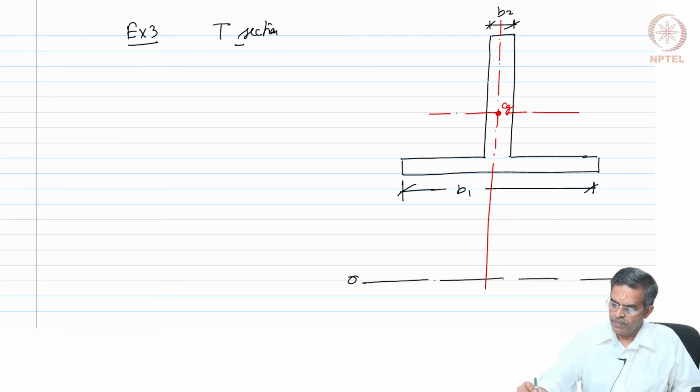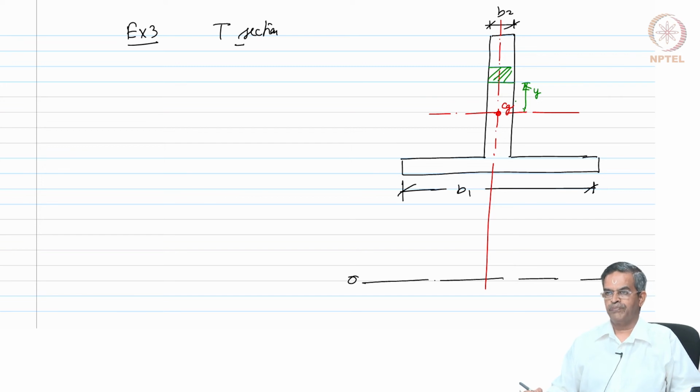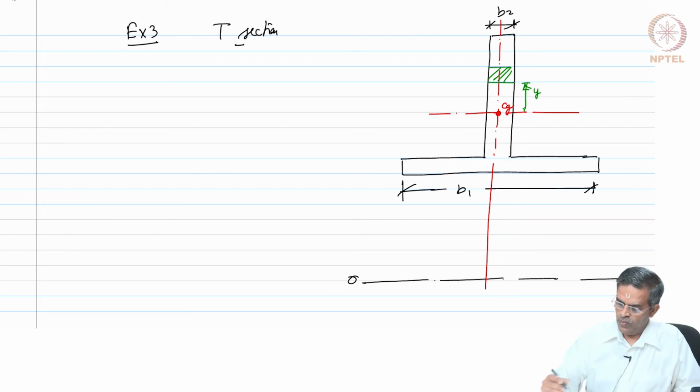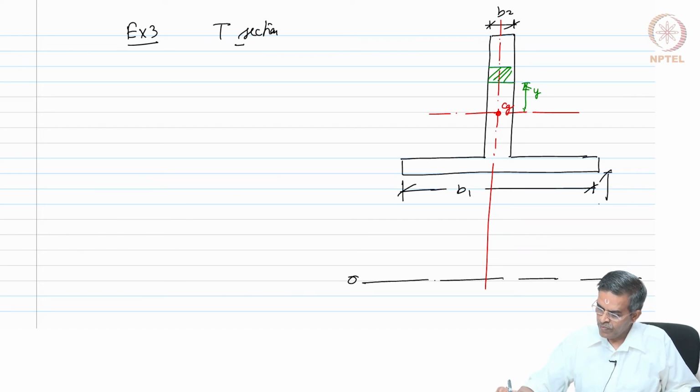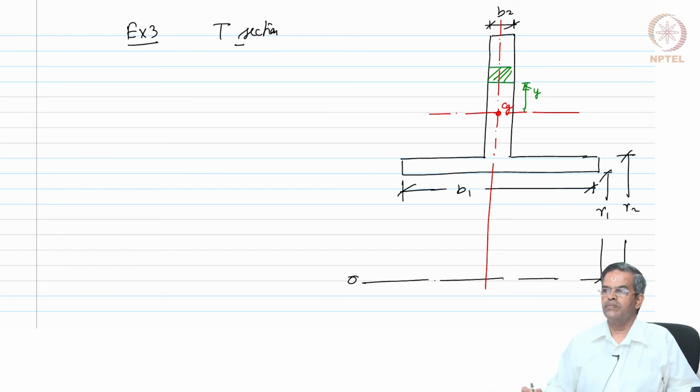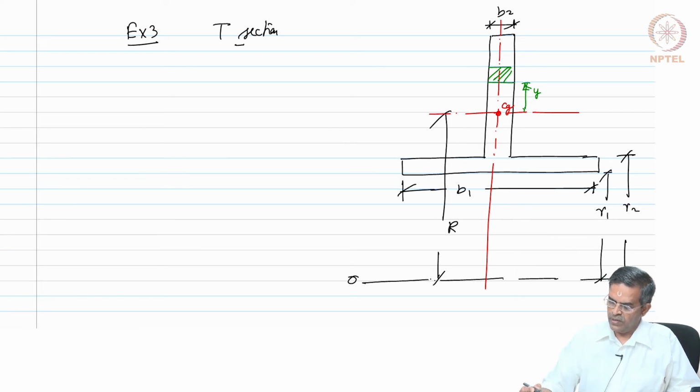I locate a strip at a distance y measured from the CG away from the center. So, I will call this value as R1, this value as R2, and of course, we know that this is R, radius of curvature to the centroid.